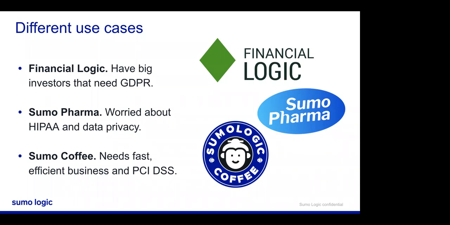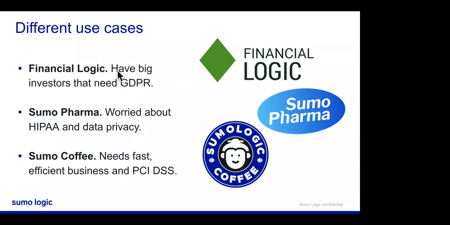GDPR, of course, is the privacy and security rules associated with the European Union, and what you can and can't do and what you can and can't have, as far as, if somebody wants to opt out of holding their data, they can do that.